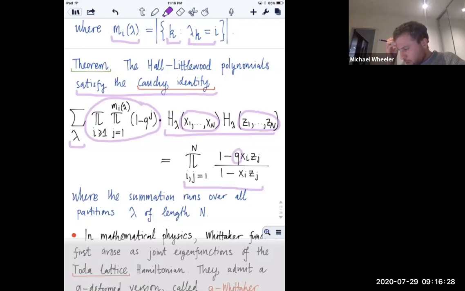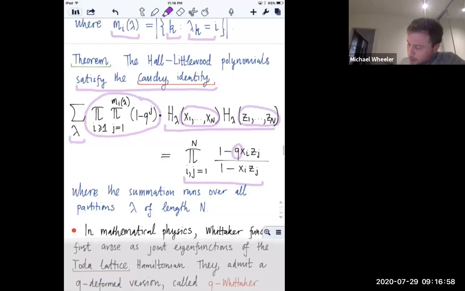So it's a very beautiful formula, and closely related with the fact that these polynomials are orthogonal with respect to a certain inner product. The orthogonality of the polynomials and the Cauchy identity really go hand in hand. If anyone is interested in this, the best place to look is chapter 3 of Macdonald's book.